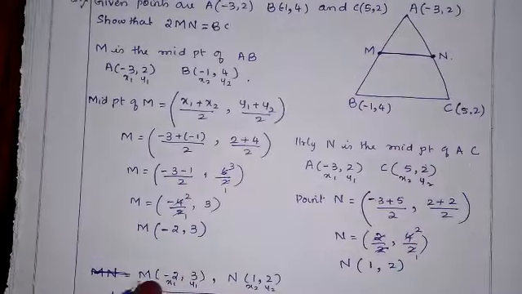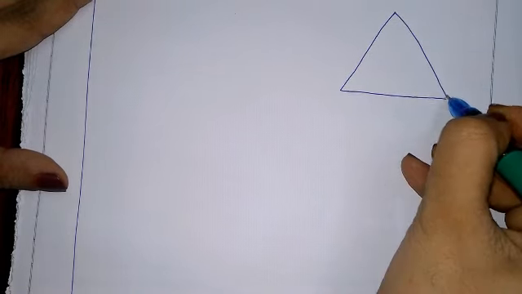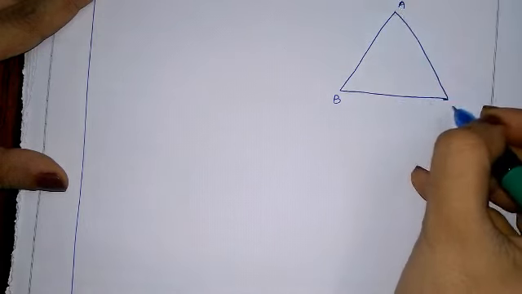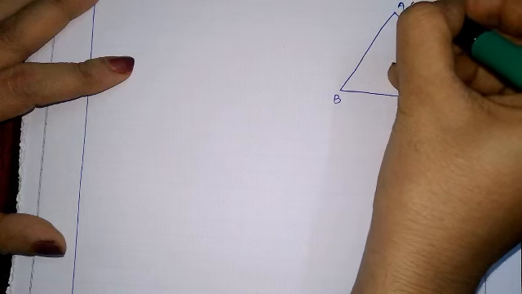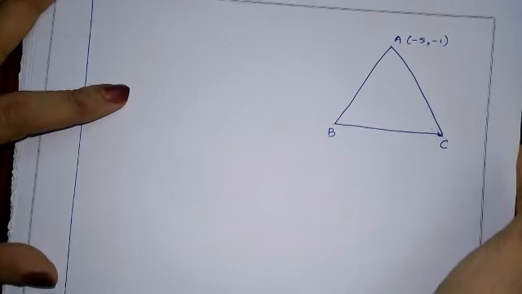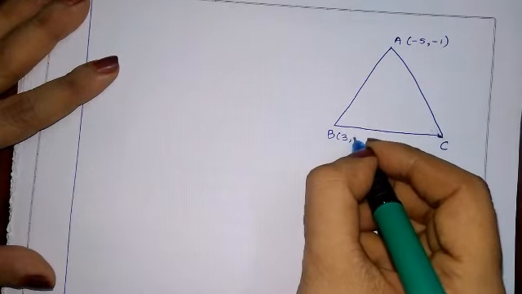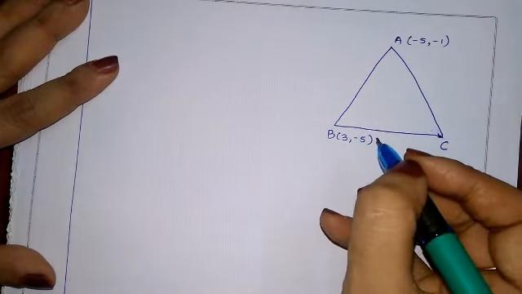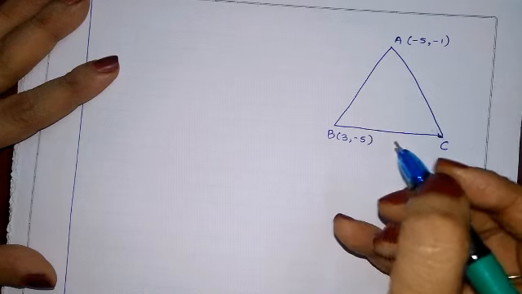Okay, let me draw the triangle now. ABC is a triangle, and the vertices are given: A(-5, -1), B(3, -5) and C(5, 2).